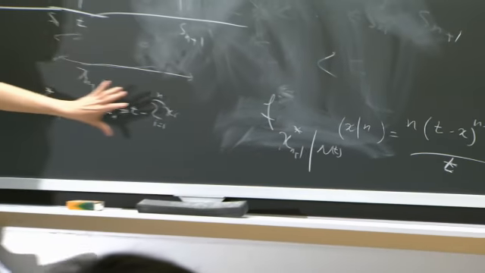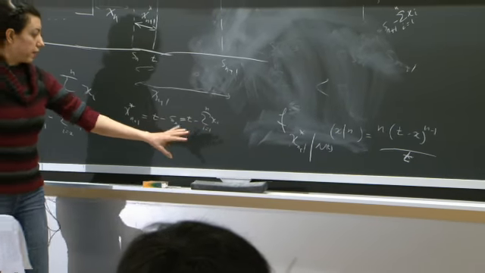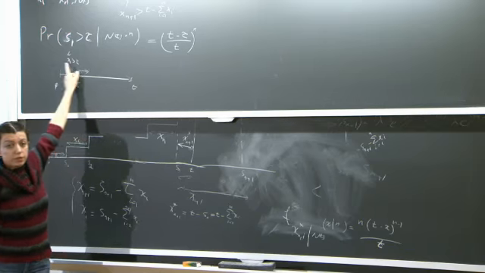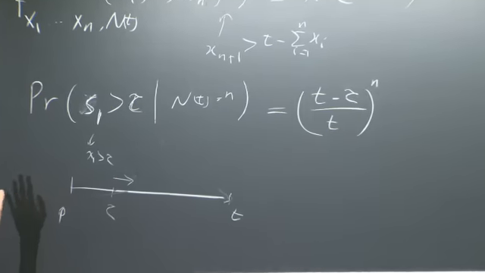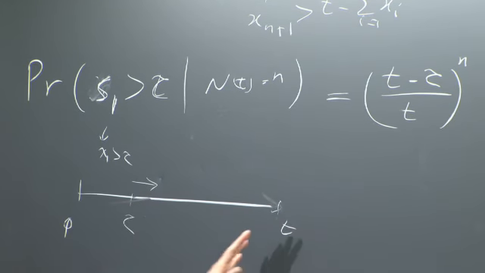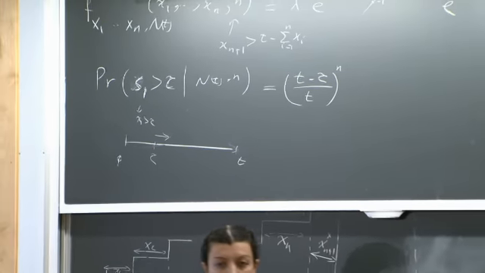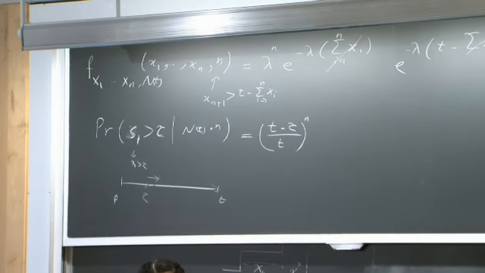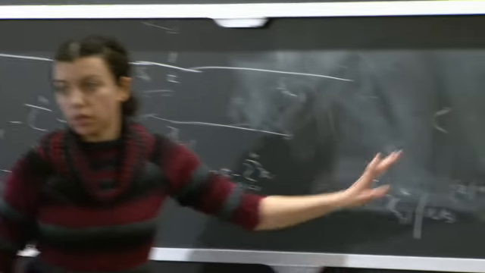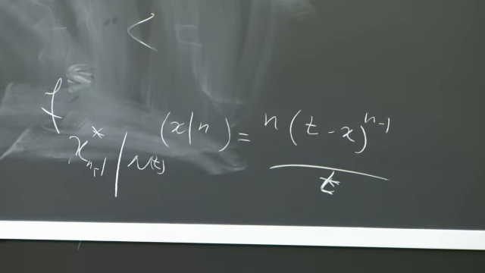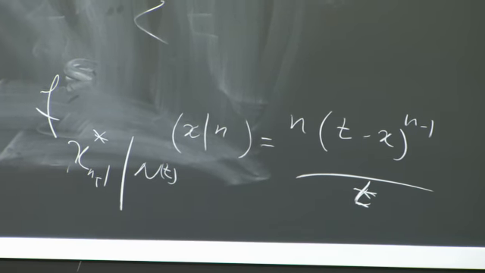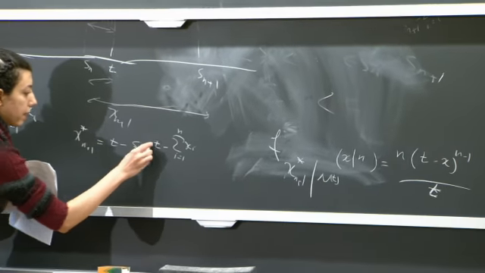Looking at this formulation and just replacing everything, you can find this thing, and you can see that this is similar to this one again. This is the distribution for x1, so you can find the density. So what I'm saying is that x1 has the same marginal distribution as x star n plus 1. You can get it with this kind of reasoning, saying that the marginal distribution should be the same, or by looking at this kind of formulation.